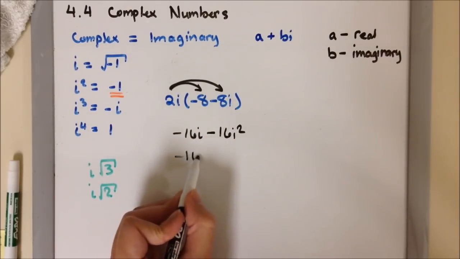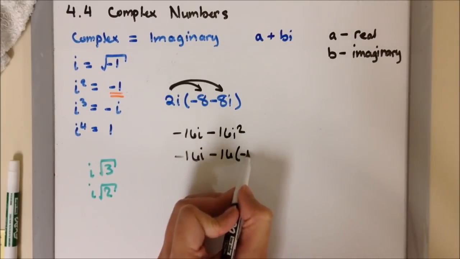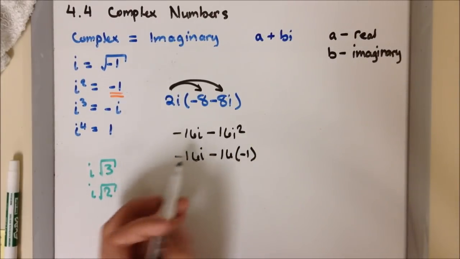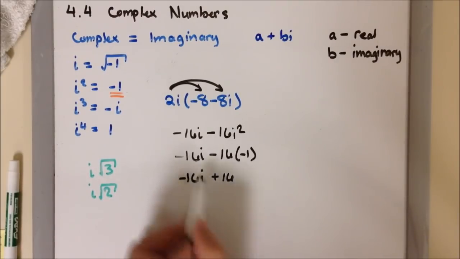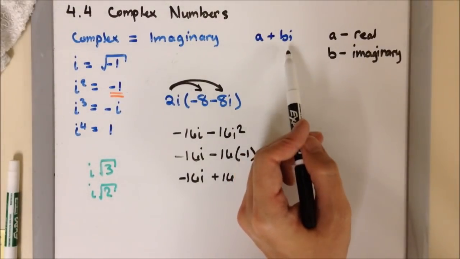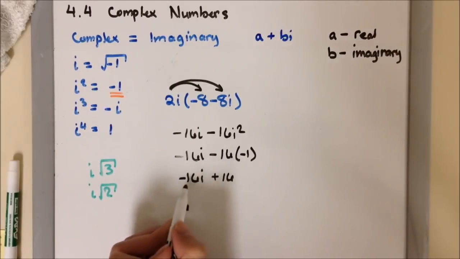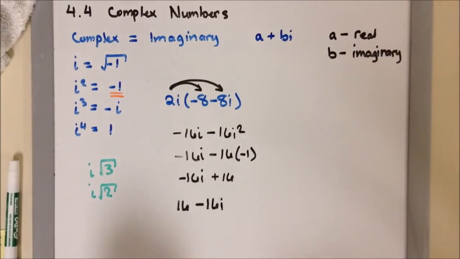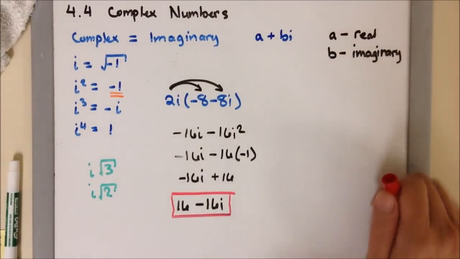So negative 16i stays the same, minus 16 times negative 1. Negative 16 times negative 1 will be plus 16, and then I bring down the negative 16i. Remember, real number comes first and then imaginary comes second. So my plus 16 will be first, then minus 16i. So my final answer is 16 minus 16i.